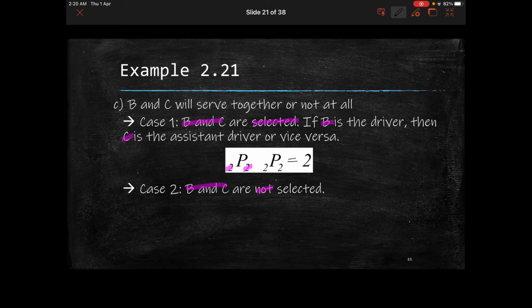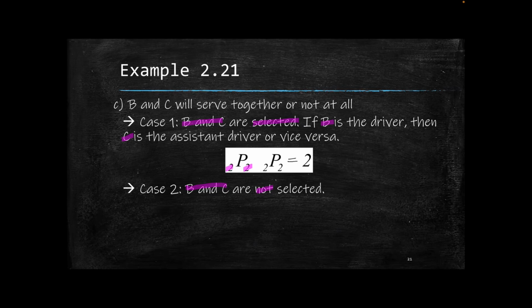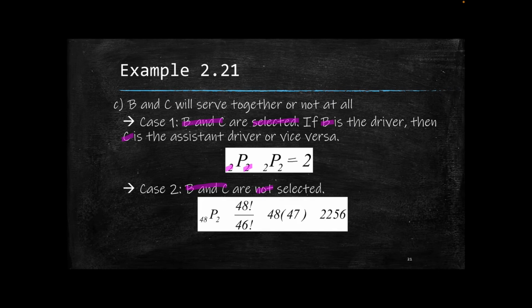Okay, so for the second case, where B and C are not selected, maksudnya dia nak serve together ataupun not at all. So in this case, kita kena minus B and C ni because it's not selected and they will not be working together. So 50 minus 2 dapat N equals to 48.